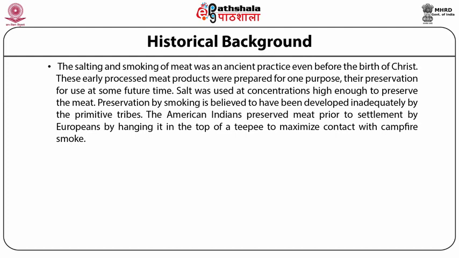The American Indians preserved meat prior to settlement by Europeans by hanging it in the top of teepee to maximize contact with campfire smoke. The origin of the use of nitrite is lost in history.